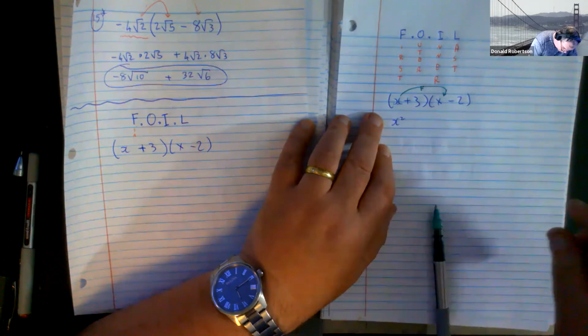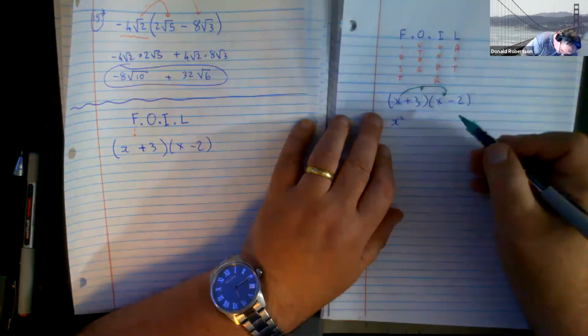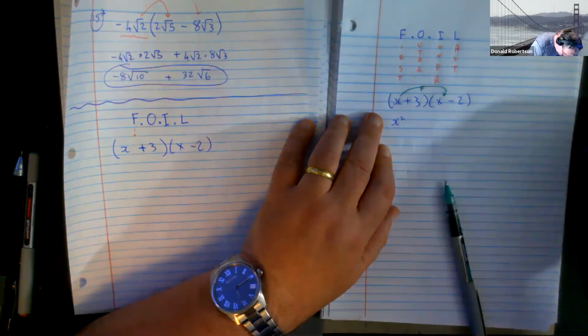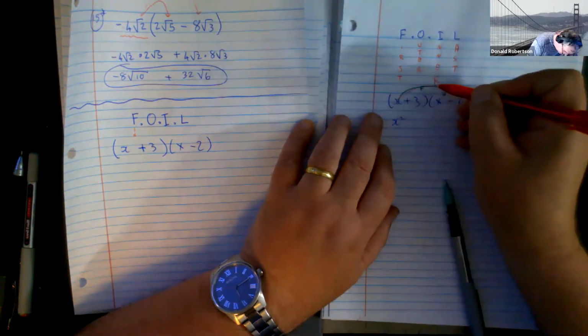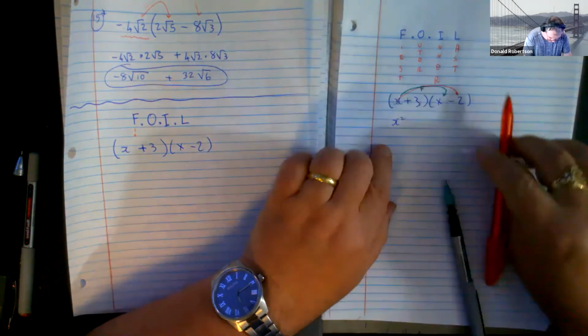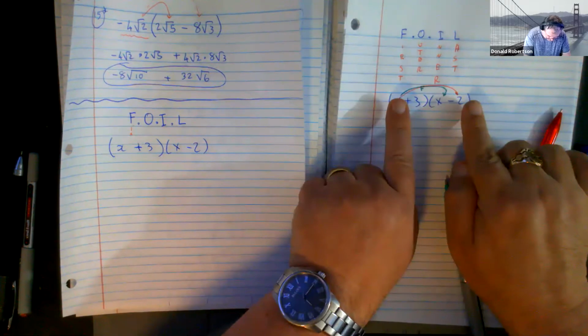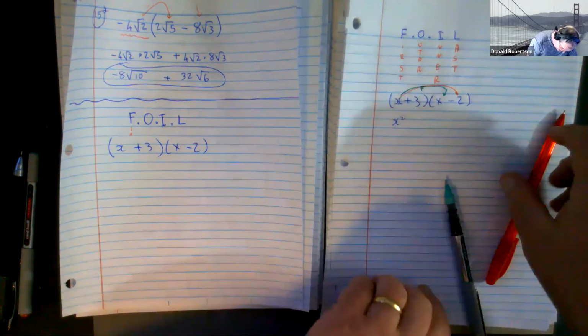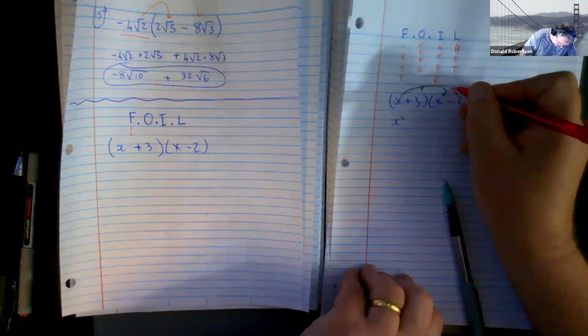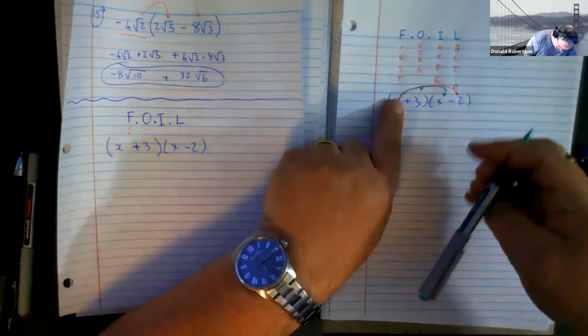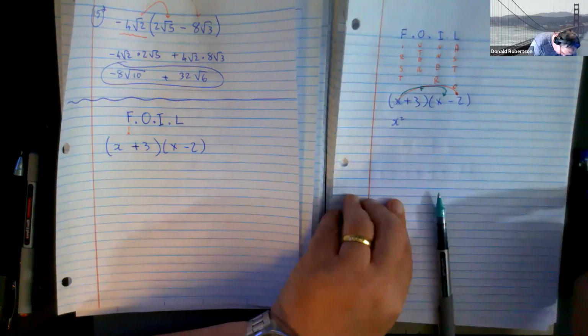And then the guy called O, the outer, these two guys on the outside. And x times negative 2 gives me negative 2x.